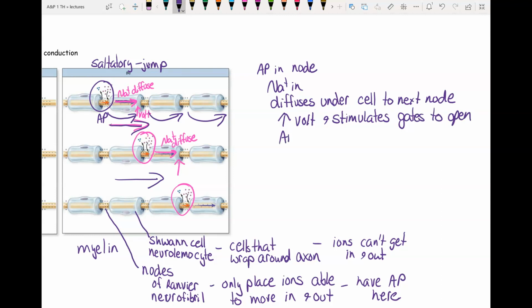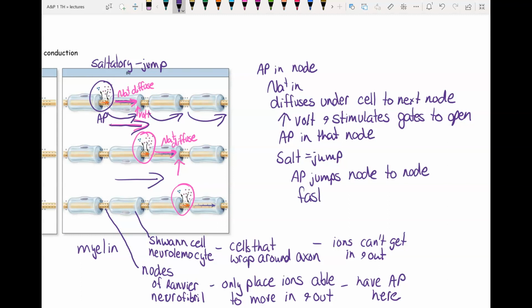And then an action potential occurs in that node. So it's called saltatory. Salt means jump because it appears that the action potential jumps node to node. And this is by far the much faster way to send an action potential down an axon.